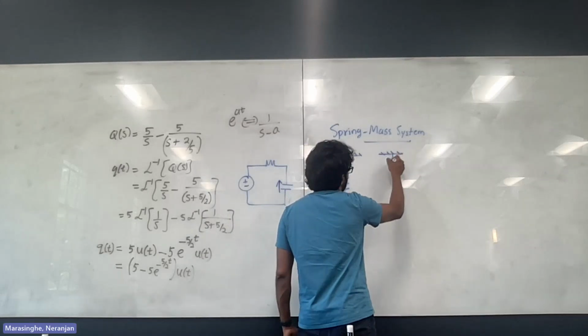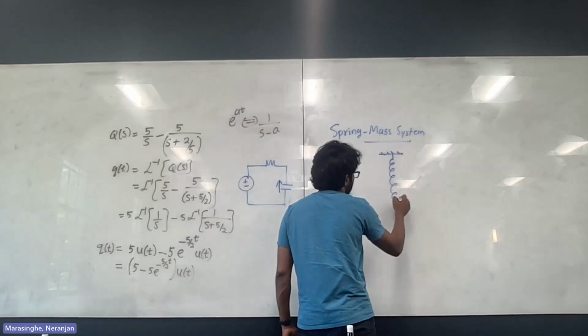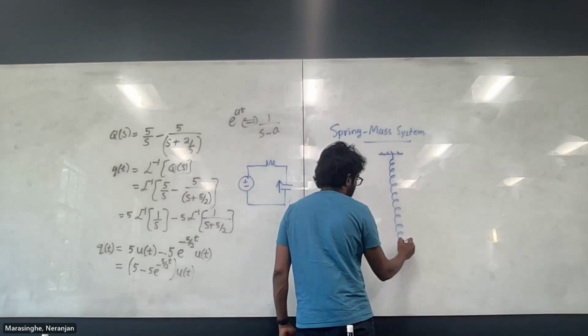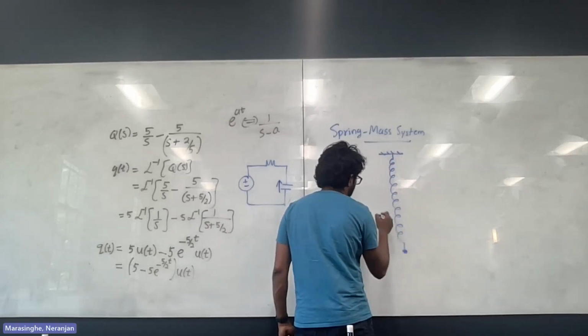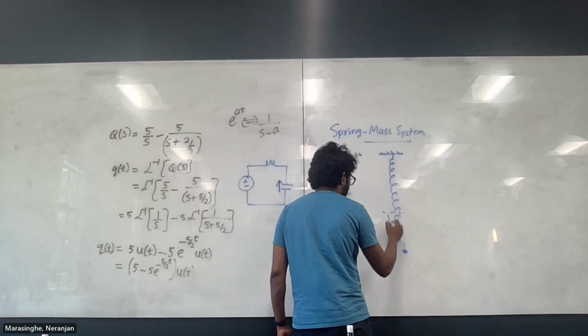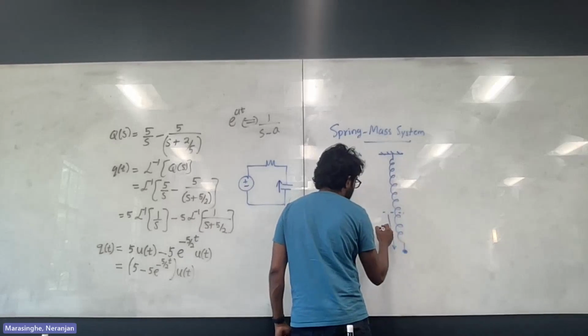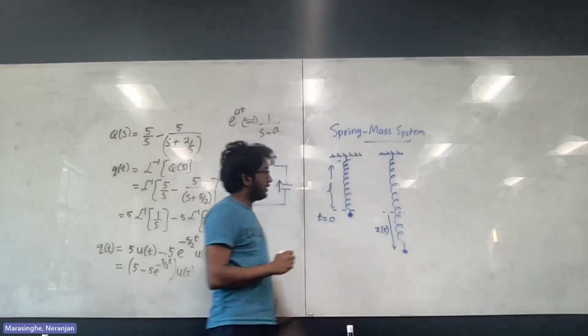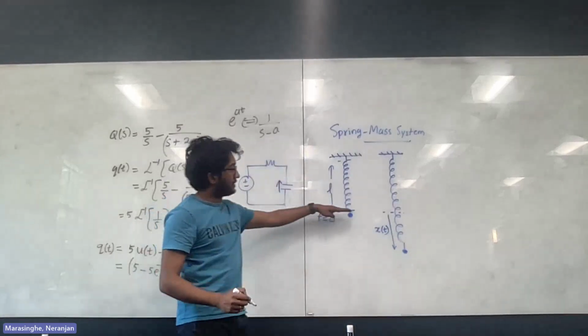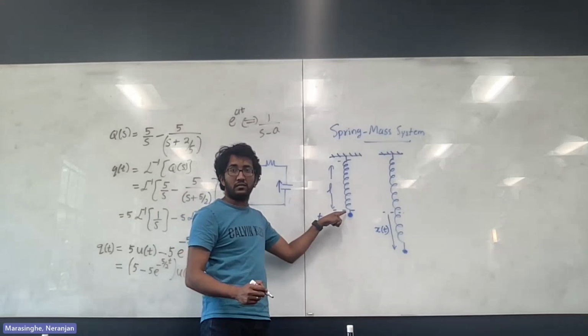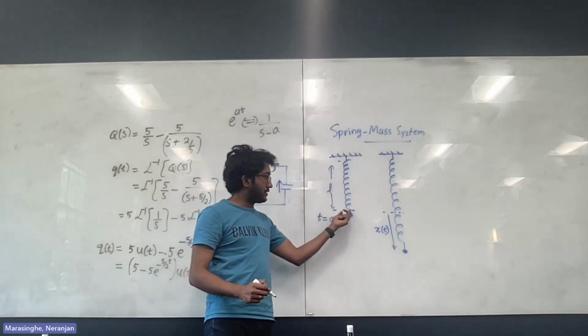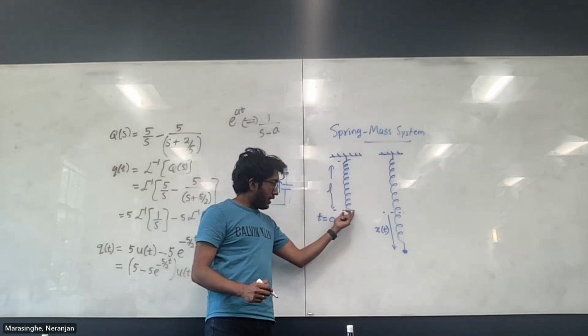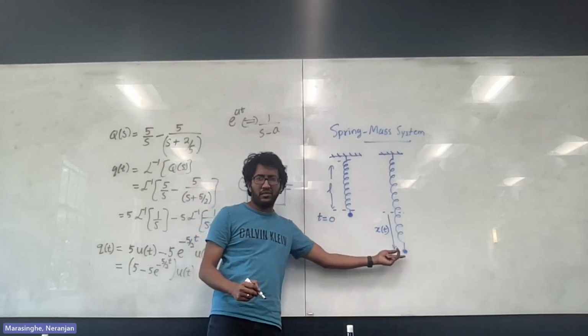It would start to oscillate. I would call this distance x, and this would depend on time, x(t). This is called the equilibrium position, and this is some state at time t.